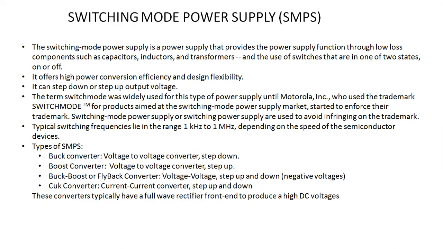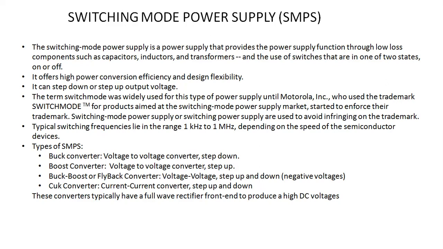There are different types of SMPS available: buck converter, boost converter, buck boost converter, or another called a flyback converter. If we are using a step down converter, we convert voltage to voltage but the output voltage is low compared to the input.